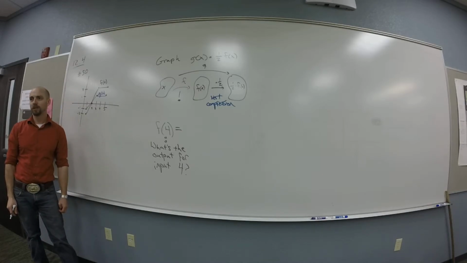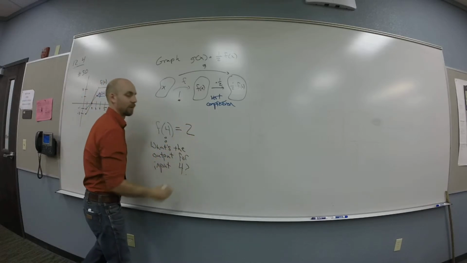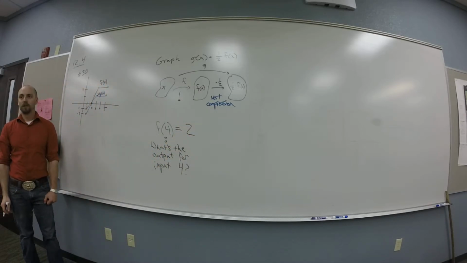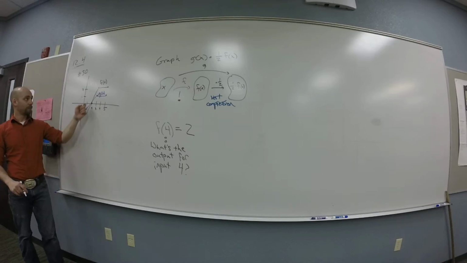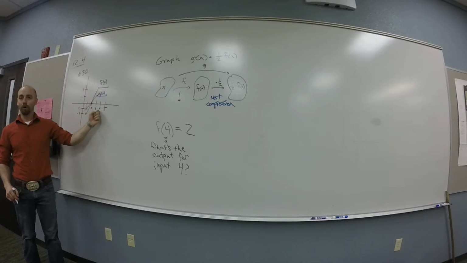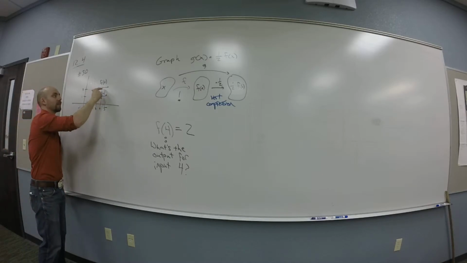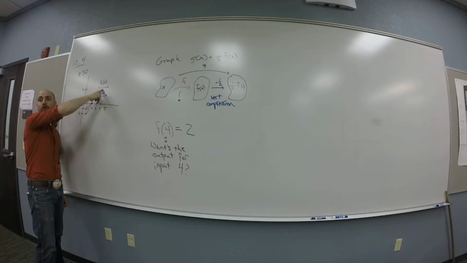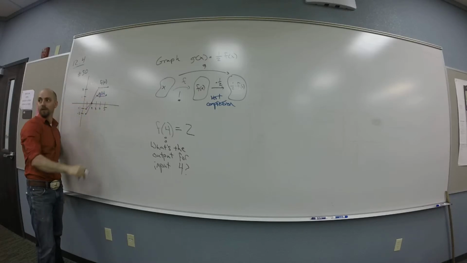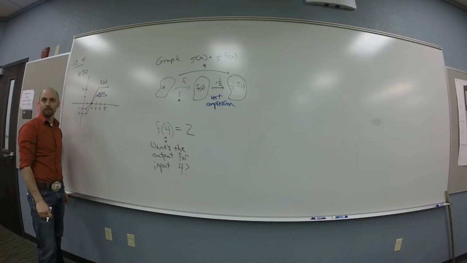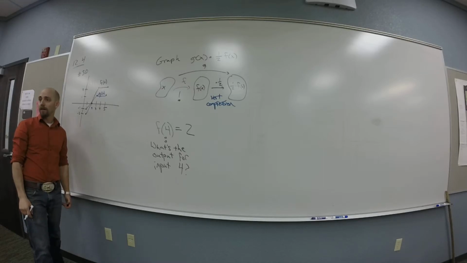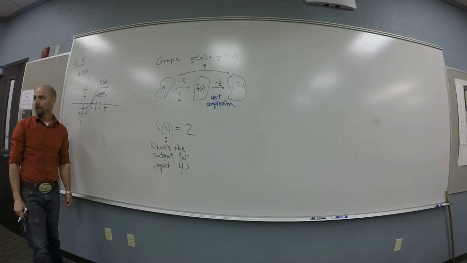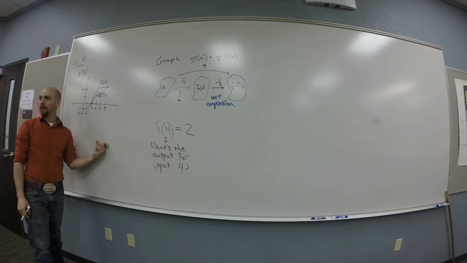Where do you get 2, guys? Yeah, you notice that on the graph, above the input 4, there's a point. It's right here. That point has coordinates 4, 2, which tells you that the input 4 corresponds to the output 2. Okay, see that? Remember, the points on the graph are just a shorthand for the table, the table saying input and then output.